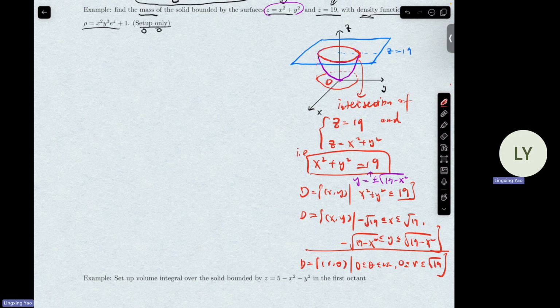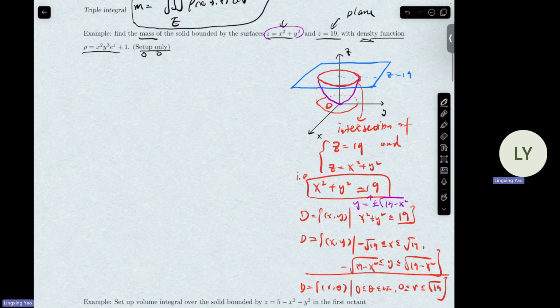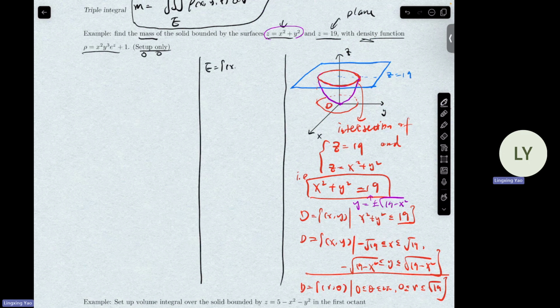So over here, we already determined the domain D, and we would need to write down this solid E by using D. First of all, we need to find a point out of this D, which means we can use the D information.